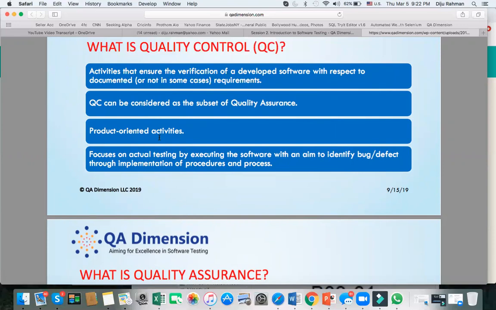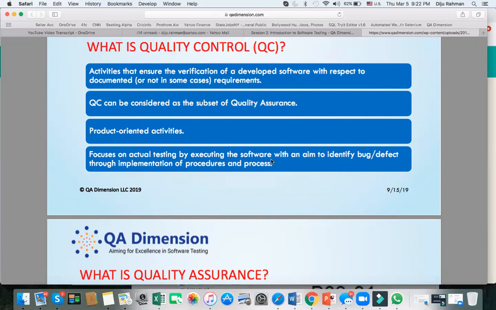The focus is on actual testing by executing the software with the aim of identifying bugs or defects. When you perform your testing based on some information, you find some issue or bug, and you tell your developer to fix it.